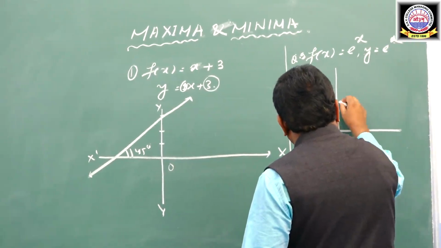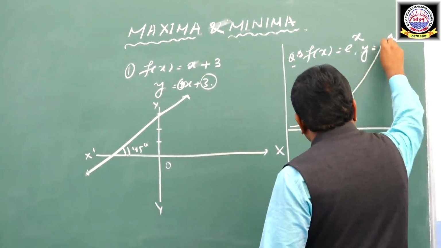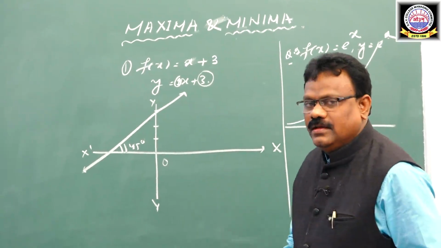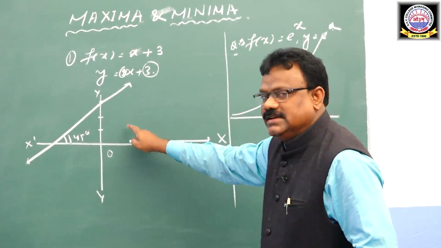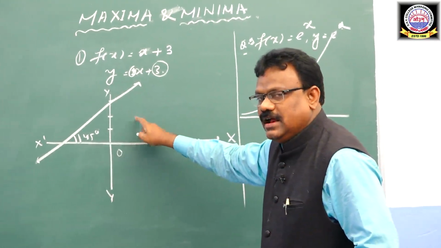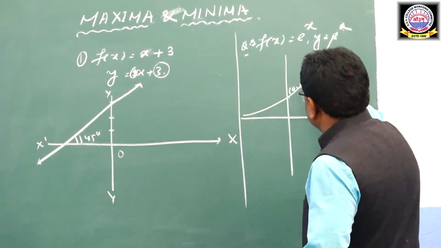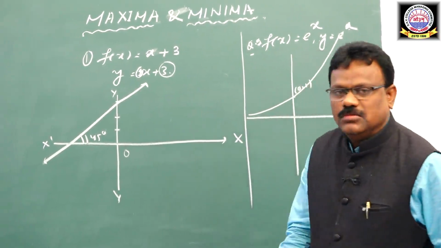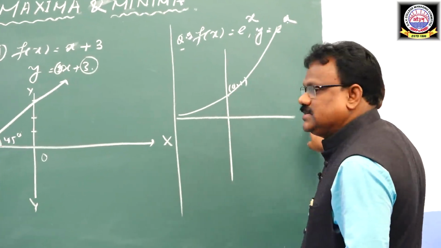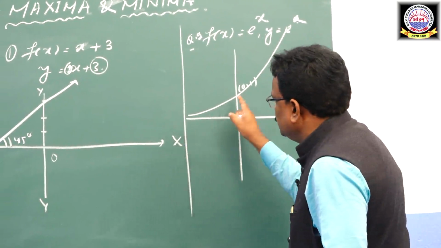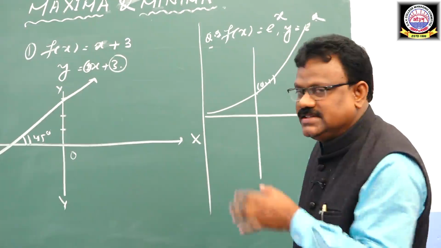So this is the point (0, 1), and the graph looks like this. Again, in the same way, where does the function attain its maximum value? Because this will keep increasing with the increasing of x, and it will keep decreasing with the decreasing value of x. So the maximum and minimum value does not exist in this case.